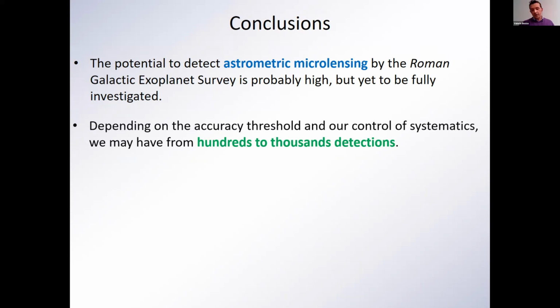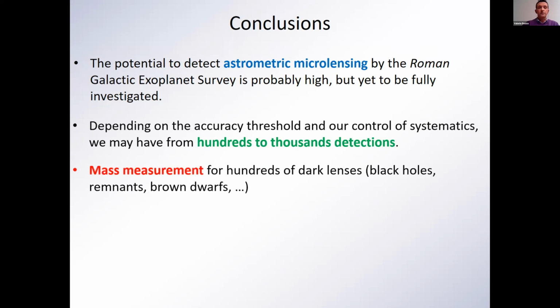And if we manage to lower the accuracy threshold down to less than a milliarcsecond, then we can expect even hundreds of thousands of detections, and that will make this technique very promising for measuring masses of many microlensing events. Of course, this is particularly aimed at dark lenses, for which we cannot use other methods to measure masses. So for black holes, stellar remnants, but even brown dwarfs, as Chris showed just a few minutes ago.